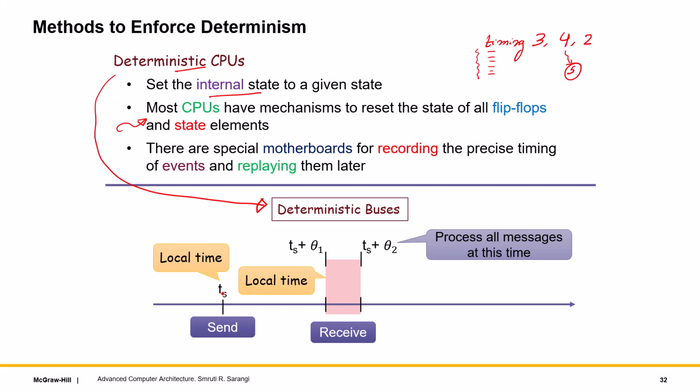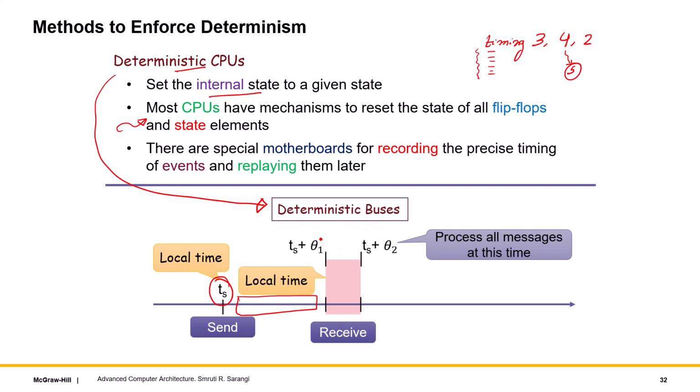That's not very hard. So let's say there's a sender and receiver, both have their local clocks. The sender is sending at its local time TS. Then we assume that the communication channel is timing-wise non-deterministic, but otherwise delivers what you have sent, though the timing is slightly unpredictable.